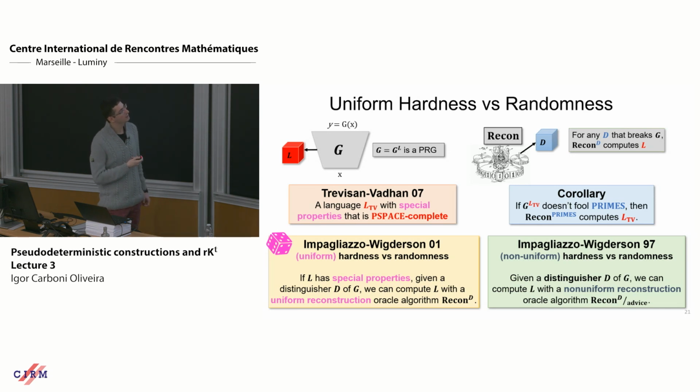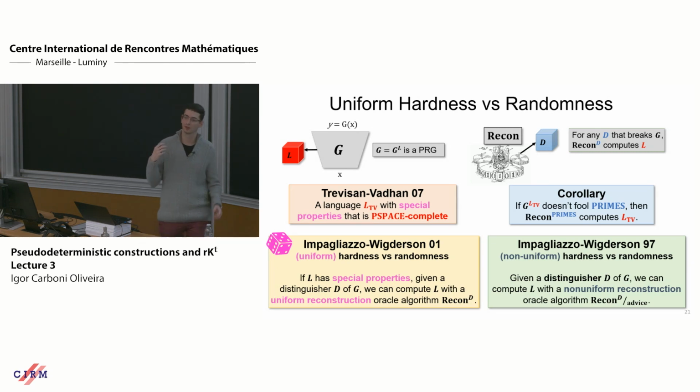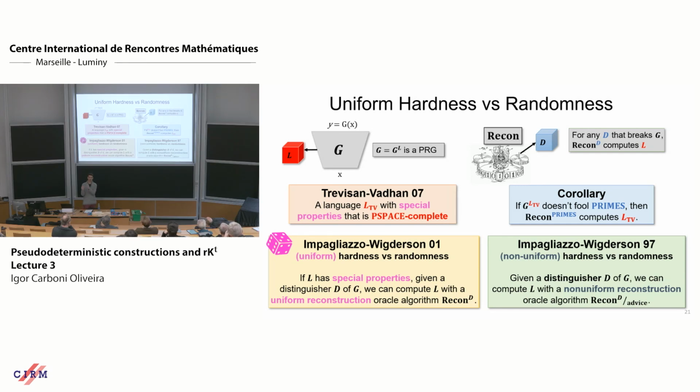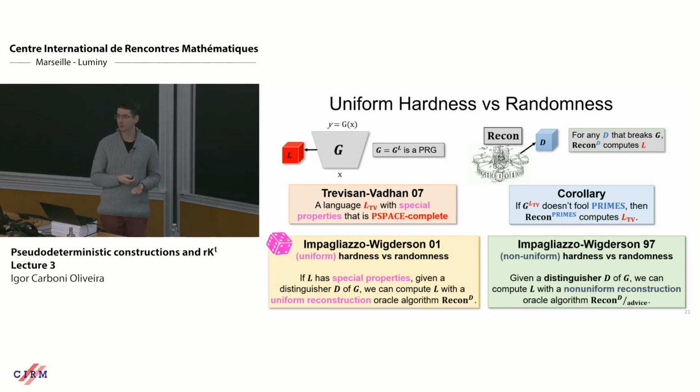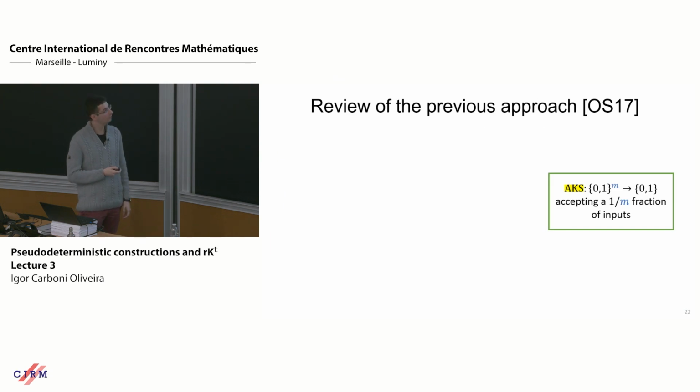And what we get is that in case this generator doesn't fool the test, then the reconstruction procedure, given this distinguisher, the test for primes, can compute L_TV, a PSPACE-complete language. So that's how we're going to use this result. We'll try to use the generator with the set of primes, and if it doesn't work, we can compute the original PSPACE-complete problem. So let's see how this is done in more detail.